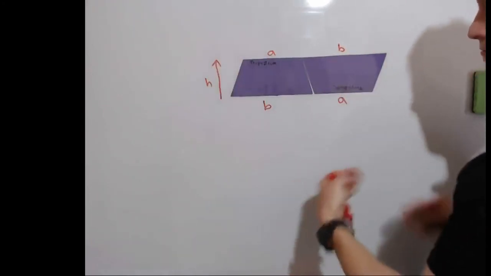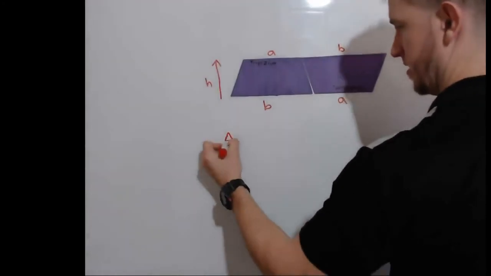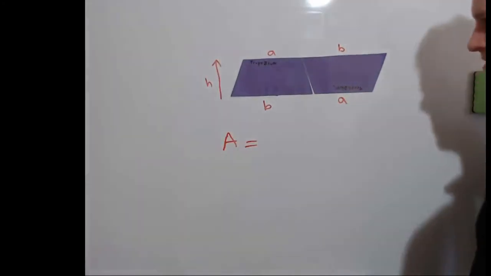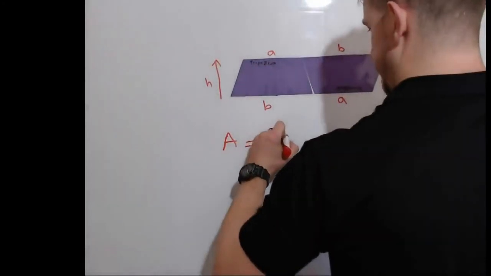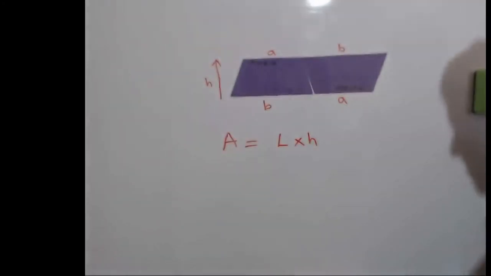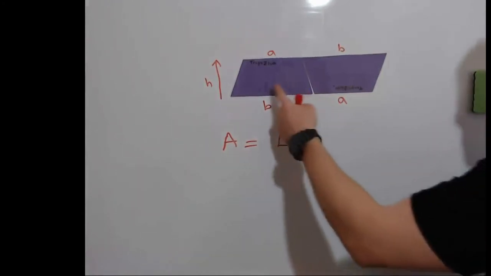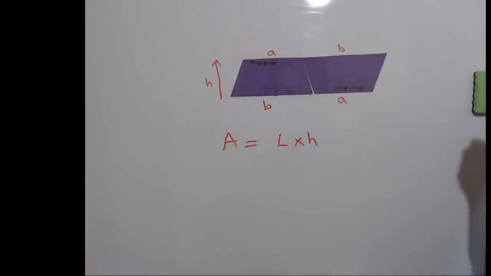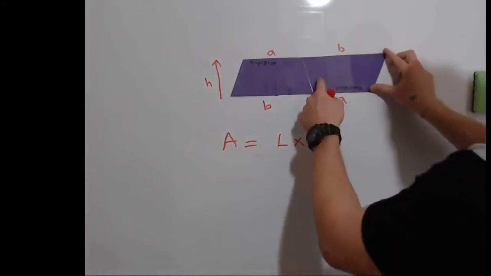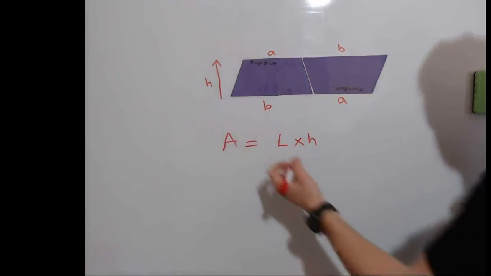So this is now a really long parallelogram. So we know that the area of a parallelogram is just length times height, right? Because it's the same as a rectangle in terms of how much space it takes up. We know that a trapezium is half of a parallelogram because I've taken two of them to make my parallelogram.